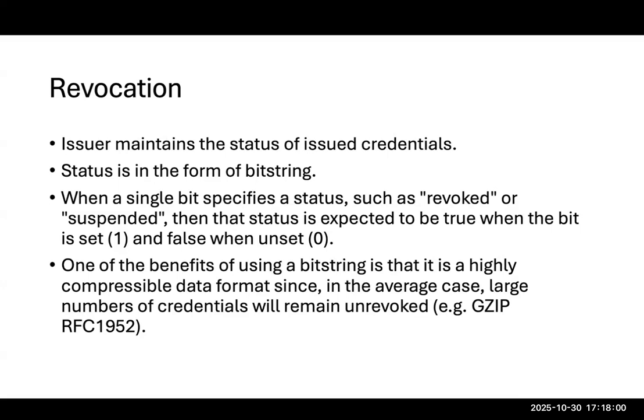The status is in the form of a simple bit string, where a single bit specifies a status: revoked, or suspended, also possible. The recommendation gives us the option also to use the bit string to temporarily suspend some credential.